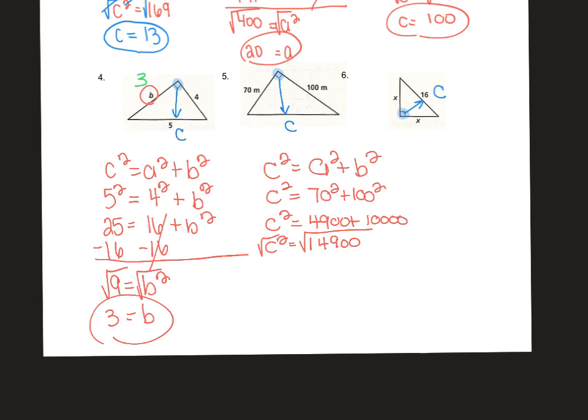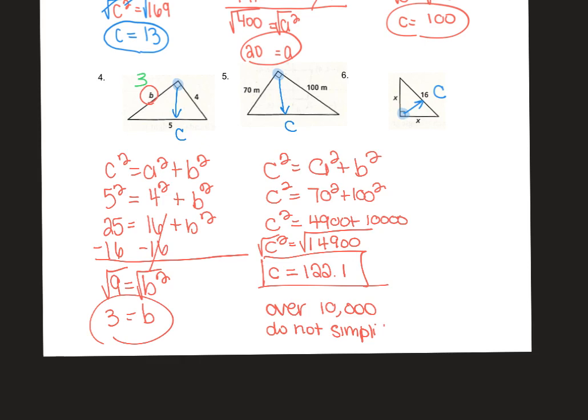When I take the square root, now the rule is here, if it is over 10,000, and you're taking the square root of it, you can get a decimal. So you do not have to simplify by hand. So over 10,000, do not simplify by hand. Decimal.